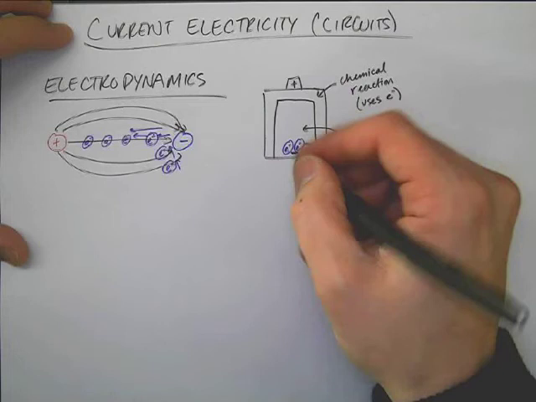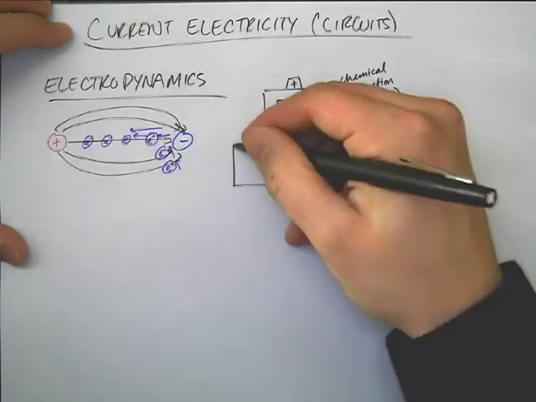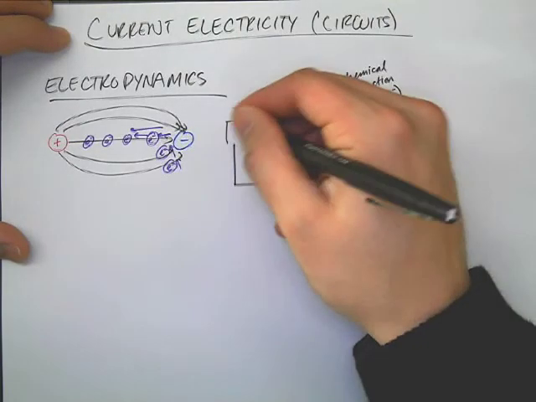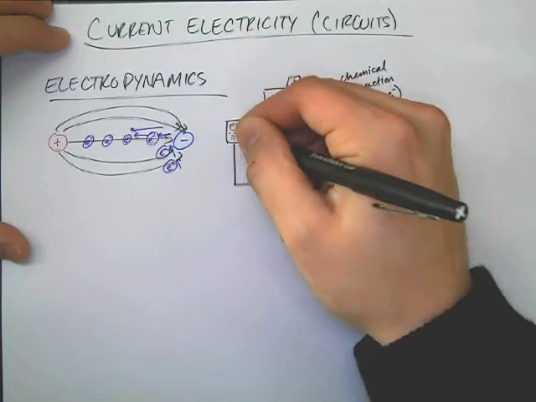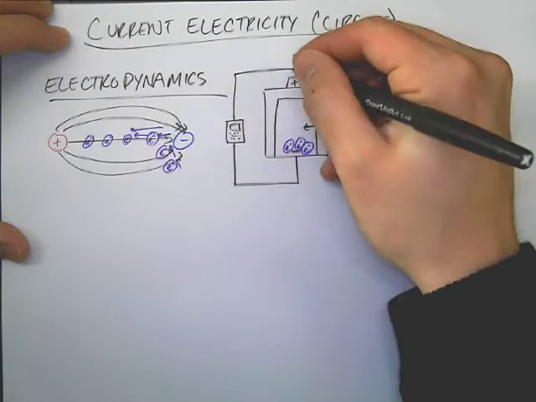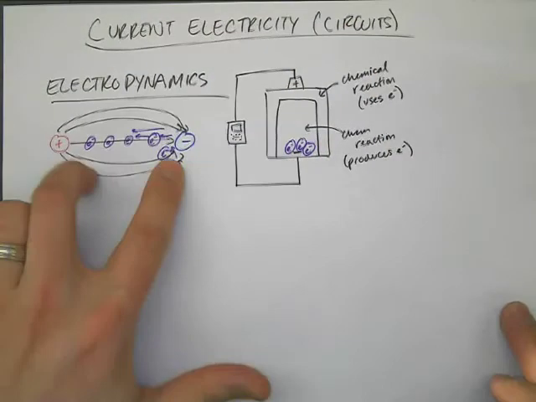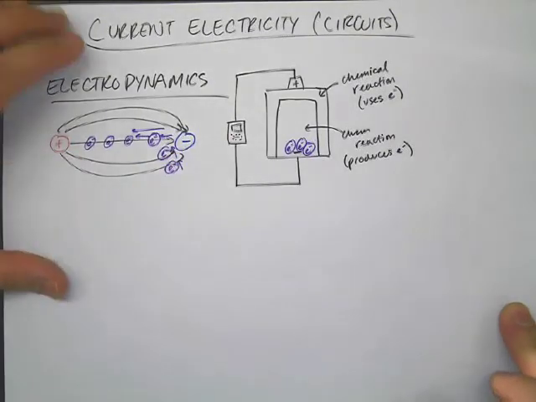So if we connect a conductor, and let's say through some device like your calculator, what we've really done is we've created an electric field where negative charges can go from the negative end towards the positive end.